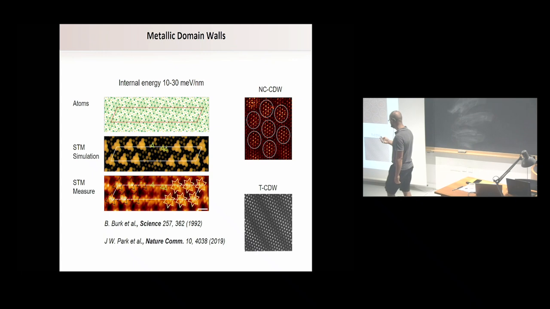These domain walls appear because when you warm up, for example, the system, what happens is that automatically you create a discommensuration between the superlattice and the main lattice. And this discommensuration, so it's a nearly commensurate charge density wave, automatically forms metallic domains.